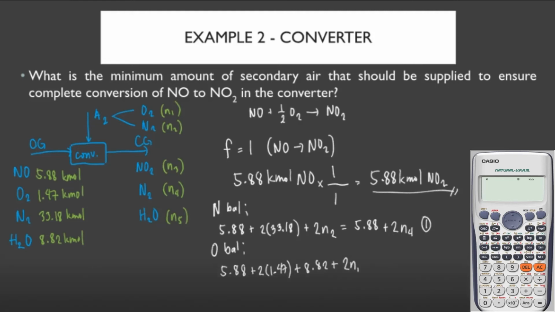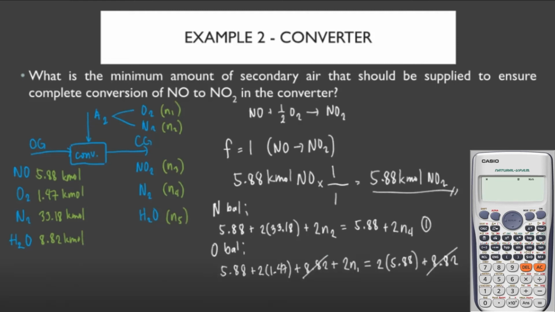And this is equal to all of the oxygen in the converter gases. On the product side, we have 2 times N3, or 2 times 5.88, plus the oxygen coming from water, that's simply 8.82. The contribution of water in our oxygen balance can be cancelled because it's equal and because water is an inert in this process.